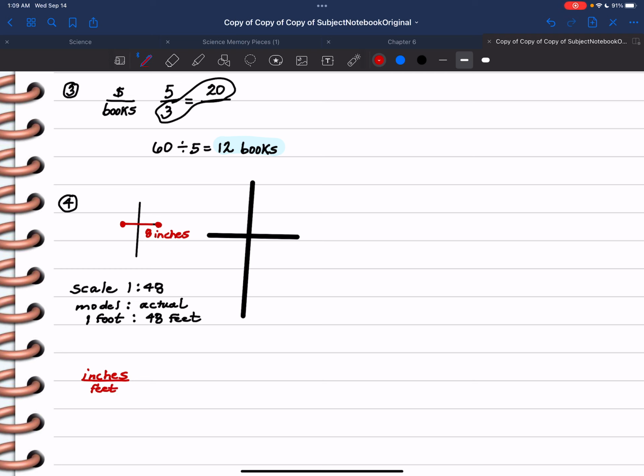And we're going to say there are 12 inches in a single foot. And we're working with 8 inches. So 8 times 1 is 8, divided by 12 is going to be 2/3, if you do it as a fraction. So this is 2/3 of a foot.